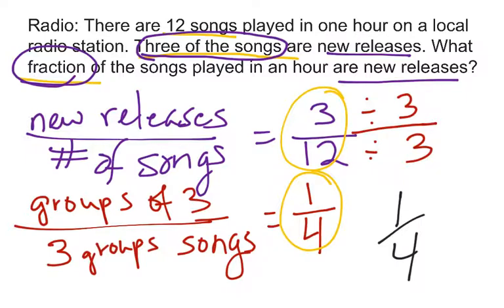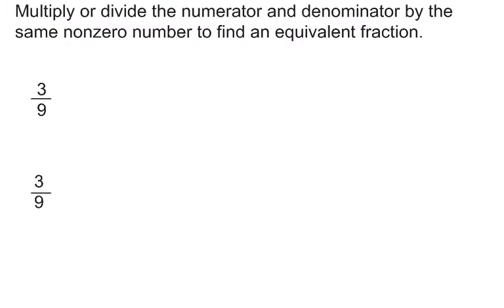Let's look at a few more examples of equivalent fractions. There's different ways we can make equivalent fractions. So let's multiply or divide. So we have 3/9. Well, it's really easy to multiply and make it larger. But remember, whatever I do to the top, so let's say I multiply this by 2, I have to multiply the denominator by the same amount.